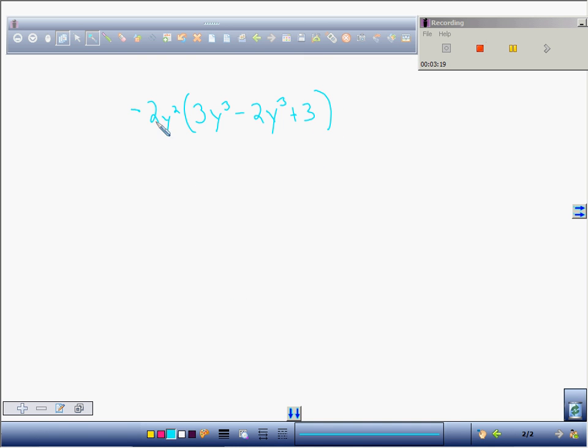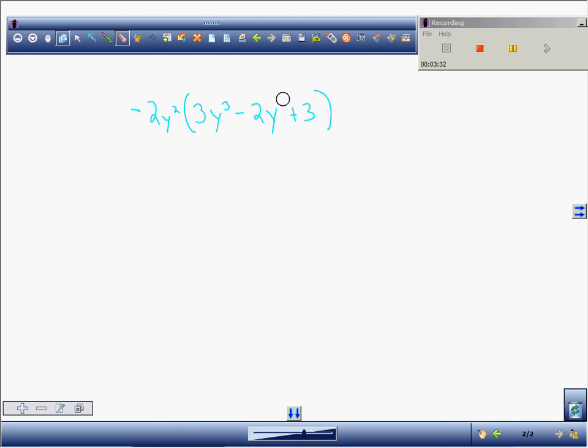Okay? So you don't have to rewrite all the steps like I did. Just multiply one thing times the next thing and then combine your like terms. Oh wait, that should be a square there. I want that one to be a square.